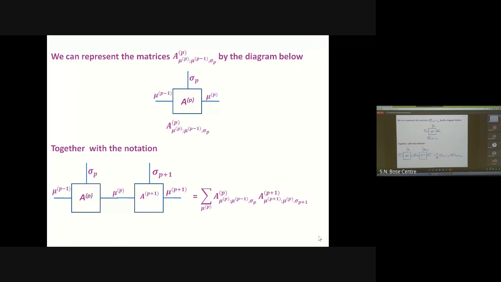So I have summed over mu P in these two cases. What I get is sigma P and sigma P plus 1, and then the two other indices mu P minus 1 and mu P plus 1. So this becomes actually a tensor of 4th rank, because I have just contracted two indices. The product of two tensors had 6 indices, but I have contracted over 2 of them, so I get a tensor of the 4th rank.